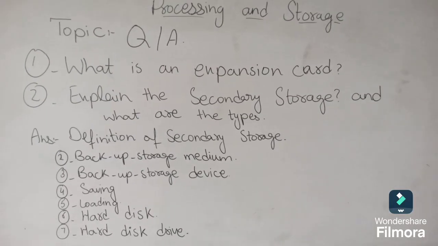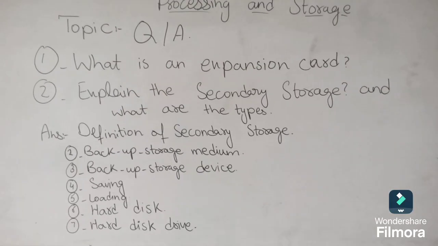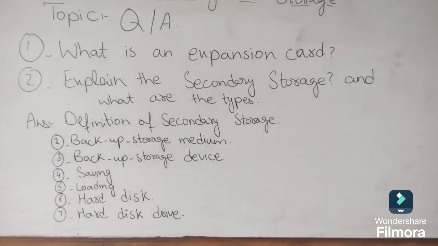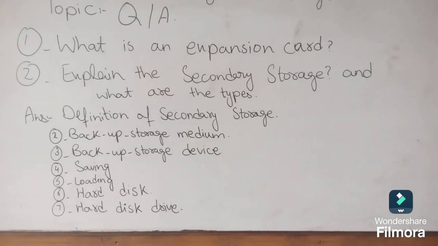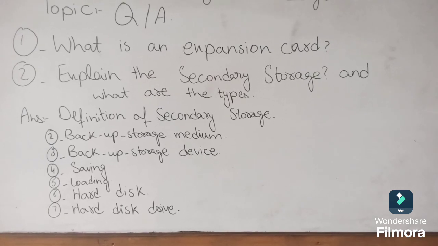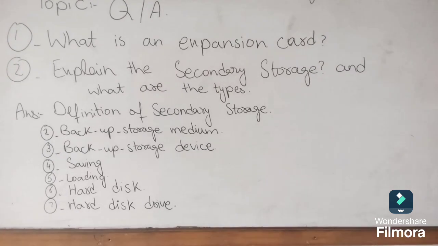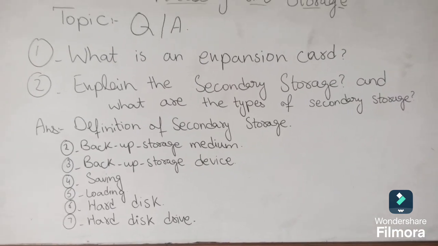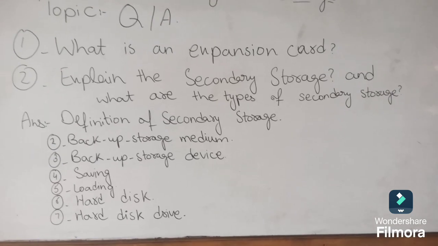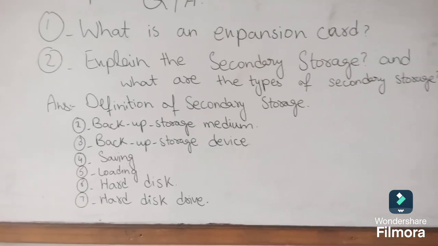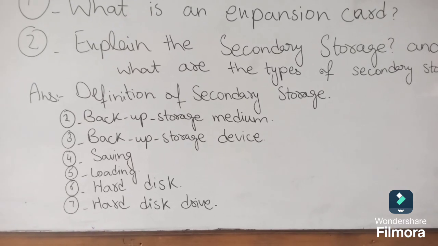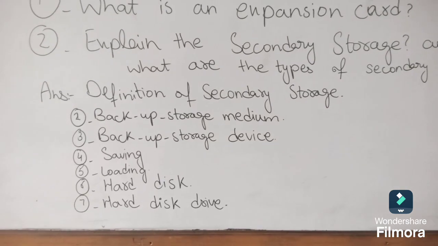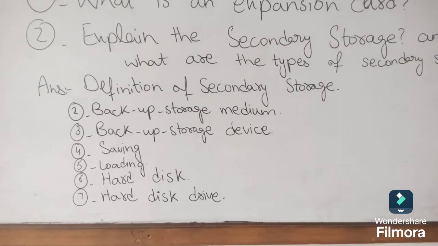So students, this is your diary work: you need to write these question answers in your notebook. What is an expansion card? Explain secondary storage and what are the types of secondary storage. Okay, so this is your second long question. In the answer, these are the headings that you need to mention. First, you need to write down the definition of secondary storage. Then backup storage medium.